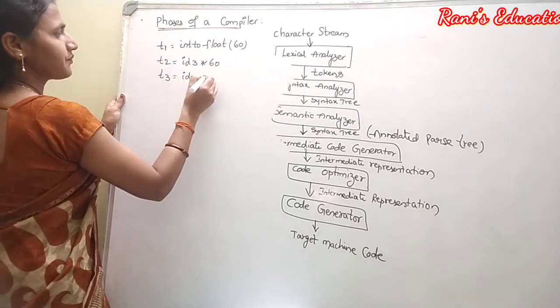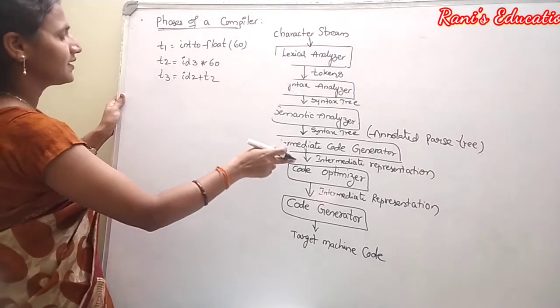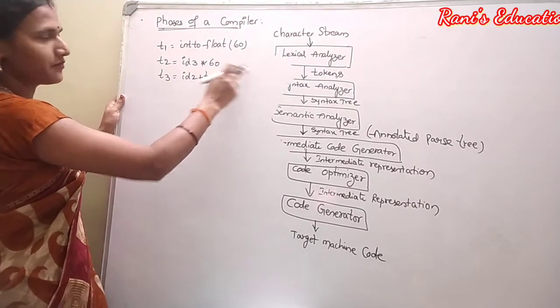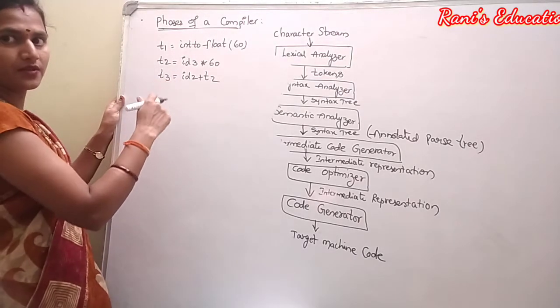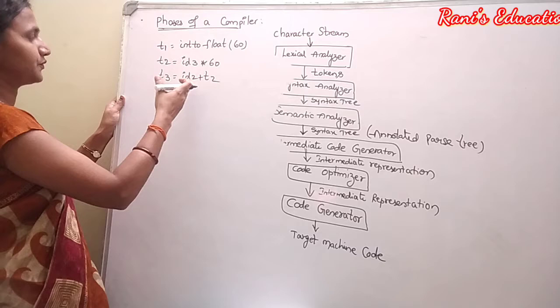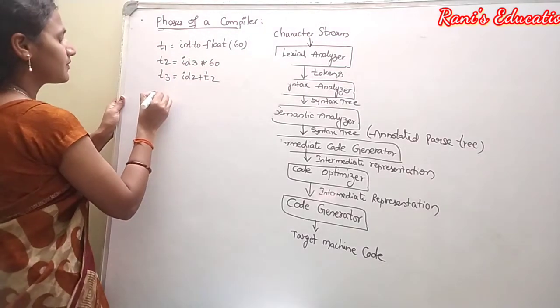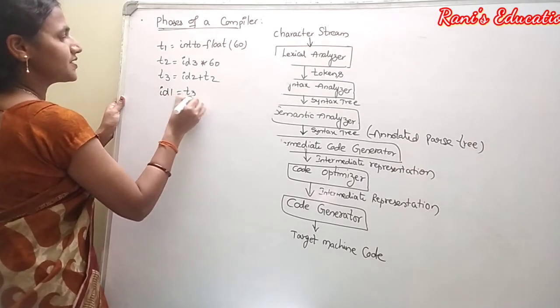ID2 plus T2, that is position plus rate into 60, which we have defined here. Then position equals, right? That is ID1. ID1 equals T3.